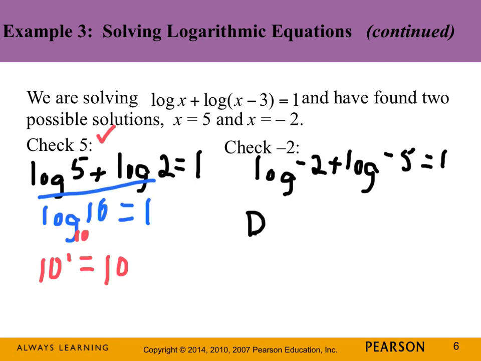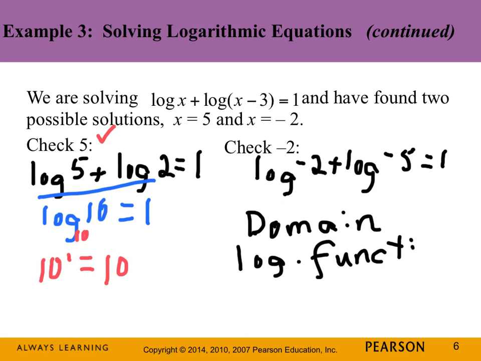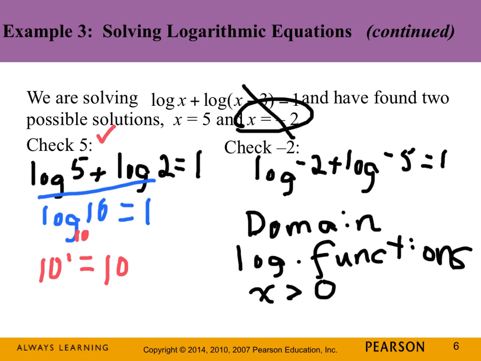The domain, meaning the x values of all log functions, have to be positive. So that means x has to always be greater than 0. So x equals -2 cannot be a solution.